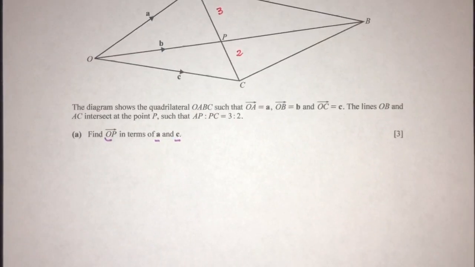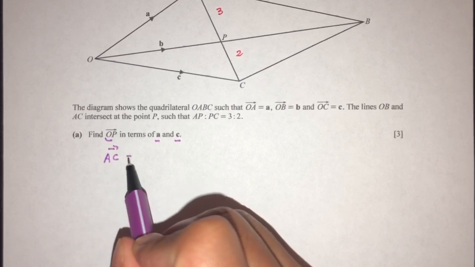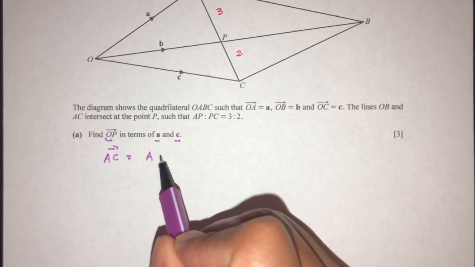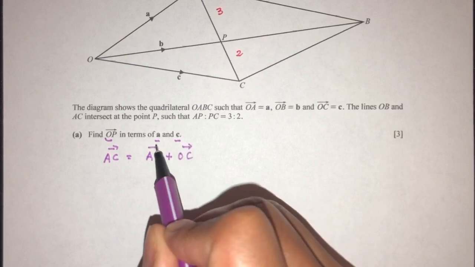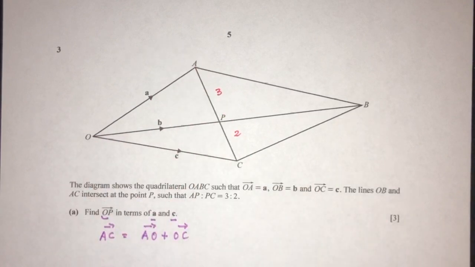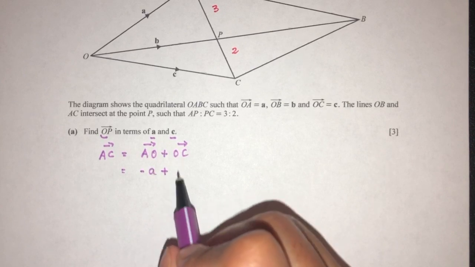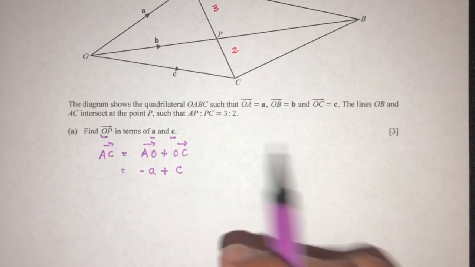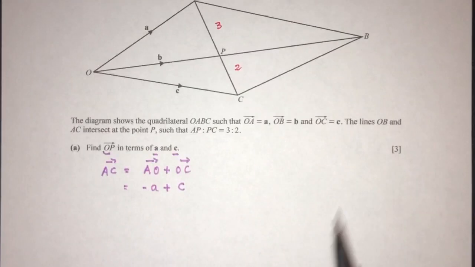According to the diagram, AC will be A going to O plus O going to C, right? A going to O going to C to get AC. So A going to O will be minus A, O going to C will be C. Now, how would you find the value of OP? By observation again, OP will be what?